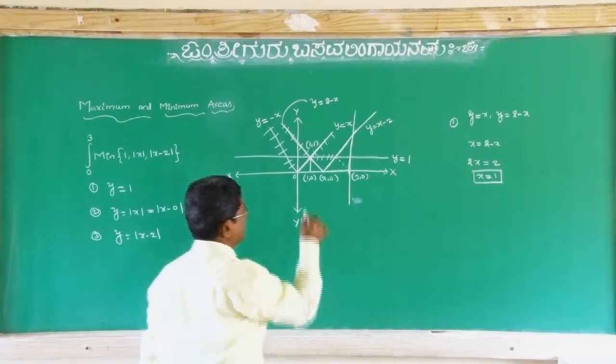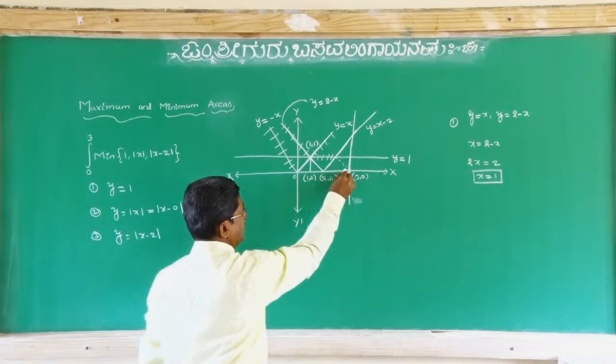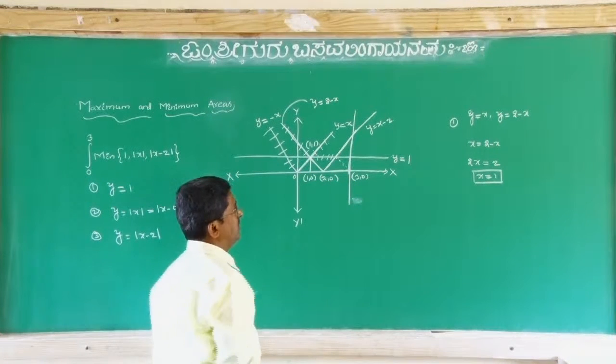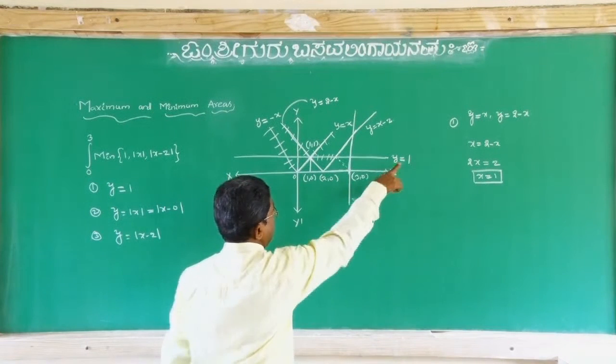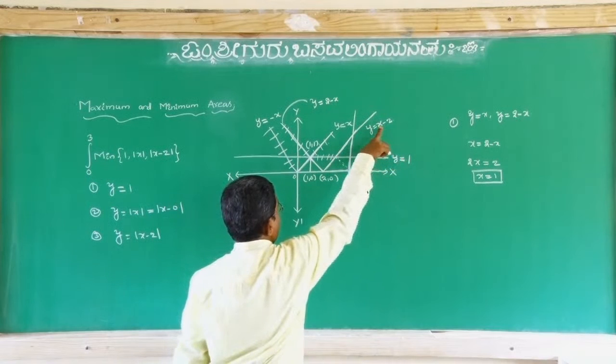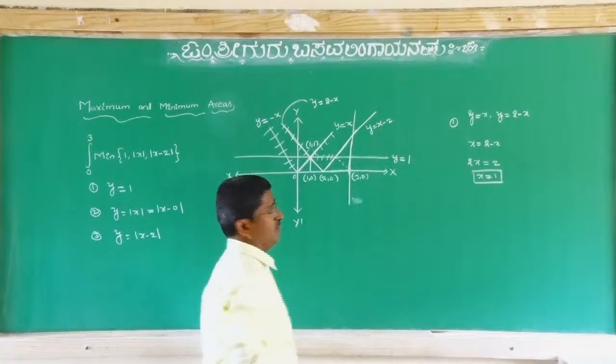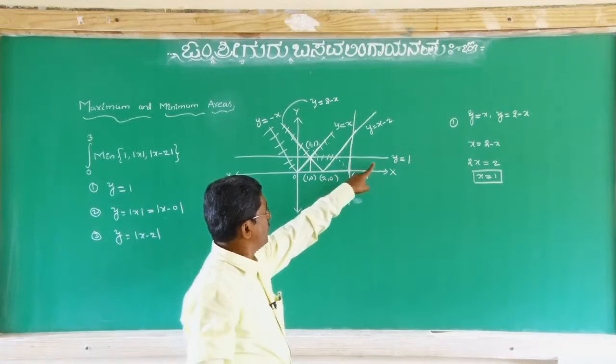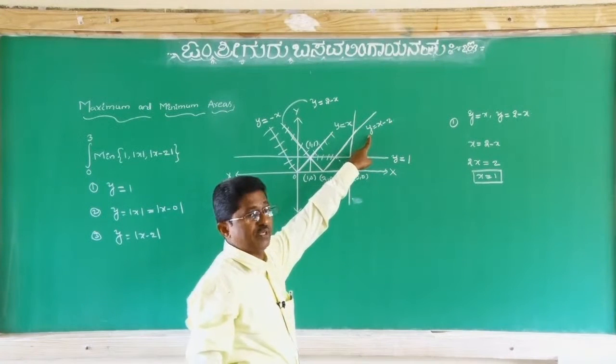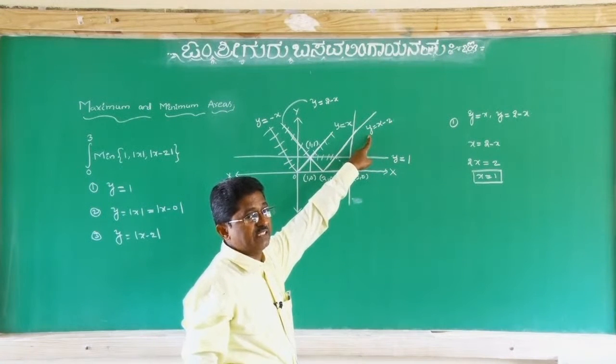First, this is one triangle, and this is also one triangle area. So now calculate the point. When we substitute x is equal to 1, what is the value of y? Suppose y is equal to 1 is substituted, what is the value of x?